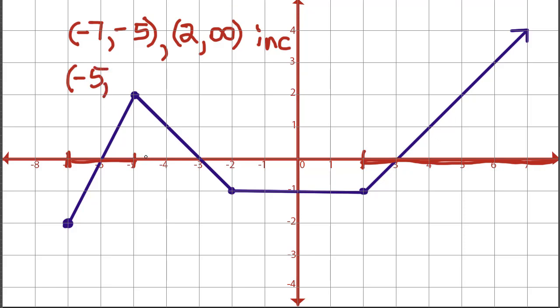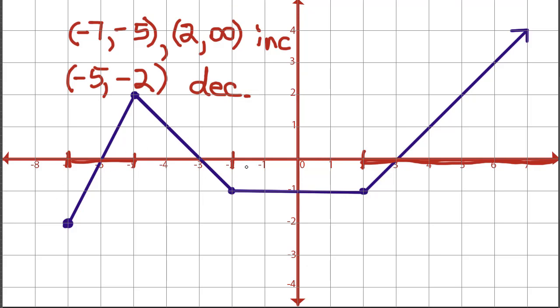And then along x, it continues to go down all the way to right here, where x is -2. So -5 to -2 is a decreasing interval, and there is no other decreasing interval. So that is the only place where we have a decreasing interval, which I'll abbreviate DEC here.